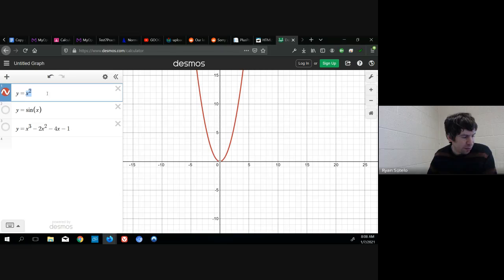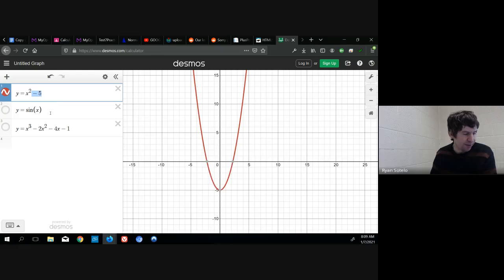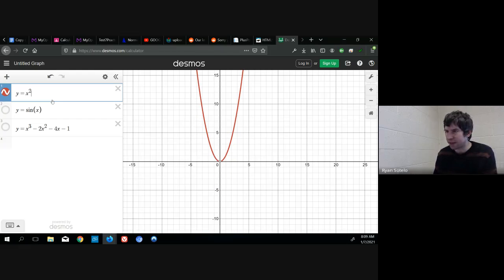So if I add a number outside of it, just off to the side, like +1, I make it go up 1 unit. Or if I do +2, it goes up 2 units. Whereas if I subtract, like -5, it goes down 5 units. So if I do it outside of the function, it happens vertically.